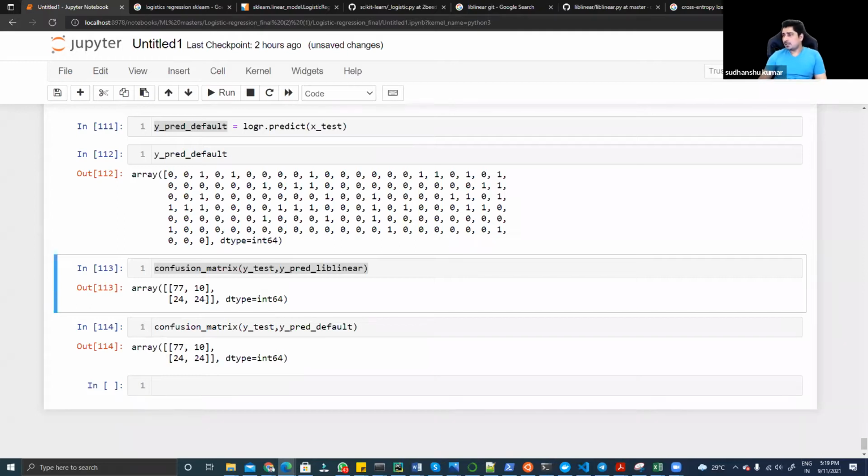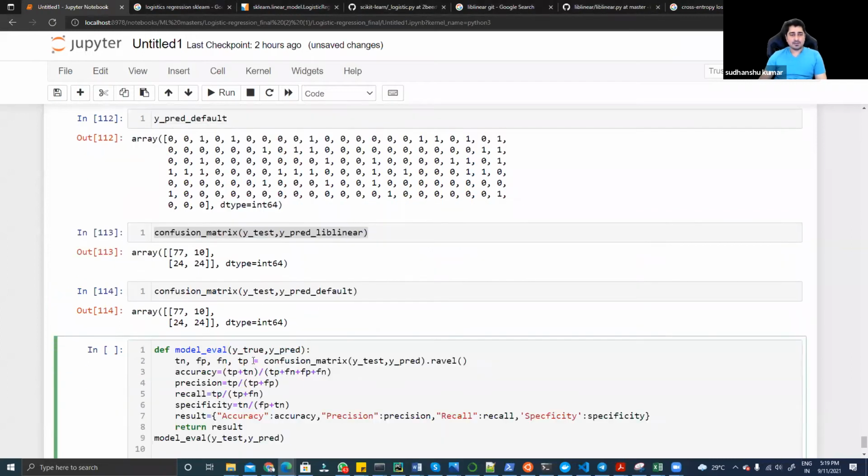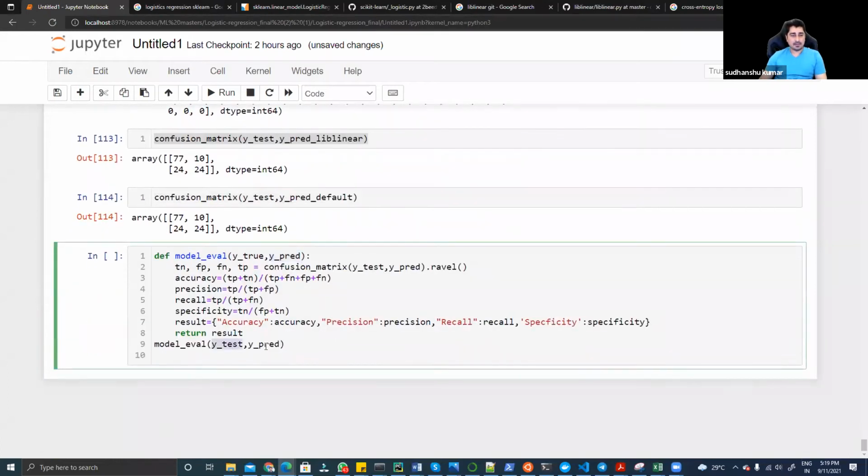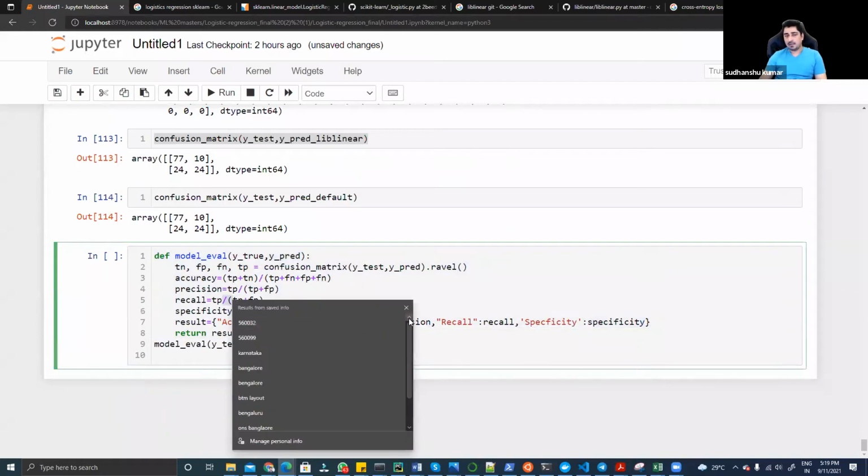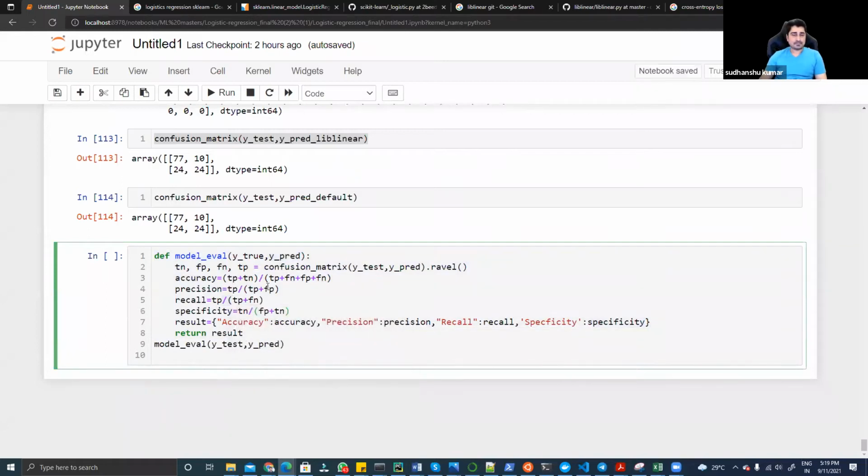Yes? Okay. Now, in between, Baba has helped me out, and he has given me one function, where I can try to pass a Y test and Y prediction, and I will be able to print accuracy, precision, recall, specificity, each and everything. So this is the function pinged by Baba to me, right? Fine, no issue. Let's try to do that.